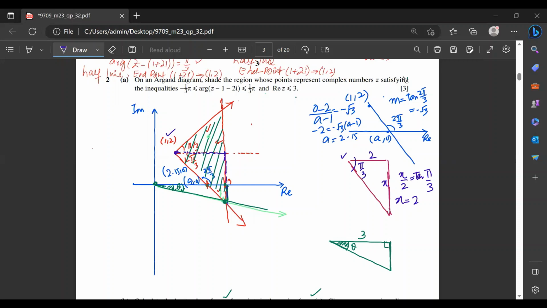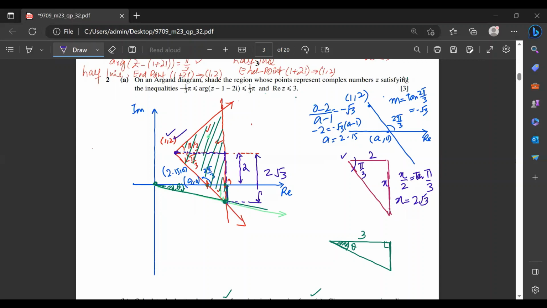Tan pi over 3 is root 3. So from this position, the measurement is 2 root 3. Also, this length is 2.